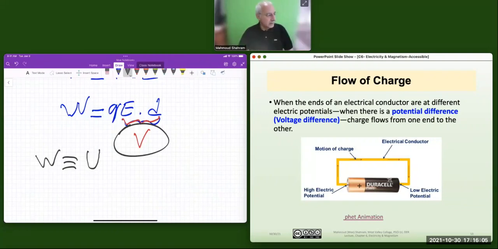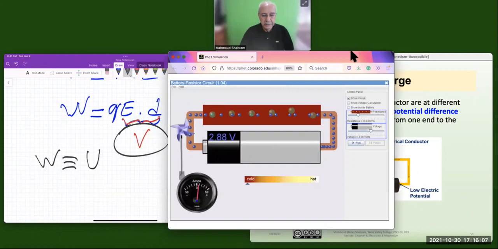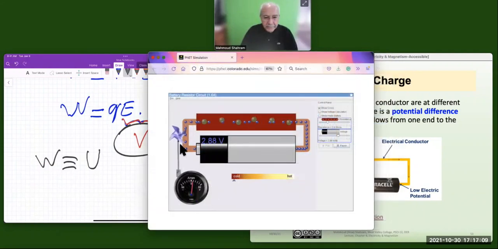Let's look at this demonstration here. What's going on here? This is a positive side and this is a negative side. The electrons start moving from here, going through this part and getting to the other side, the positive side. Let's say we have a resistor here, something that doesn't allow electrons to go as easily.